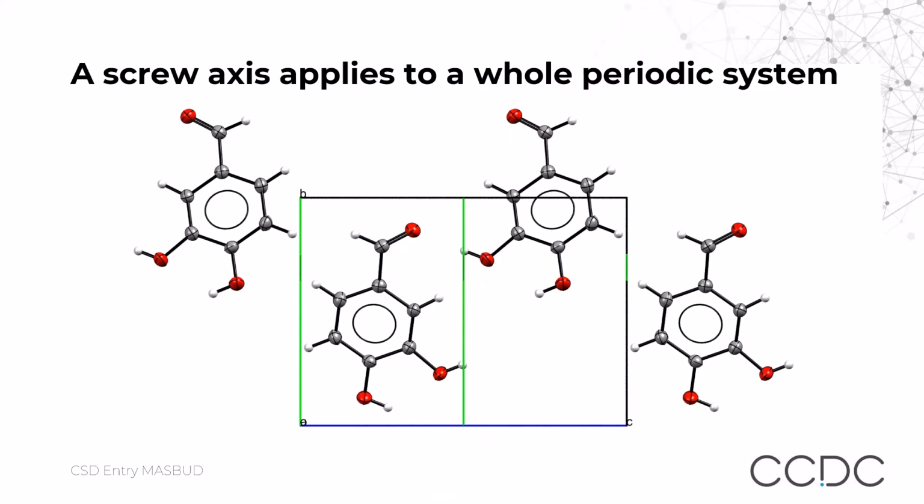It is important to remember that any symmetry element in a periodic three-dimensional structure corresponds not only to atoms or molecules contained within individual unit cells, but to the whole structure.